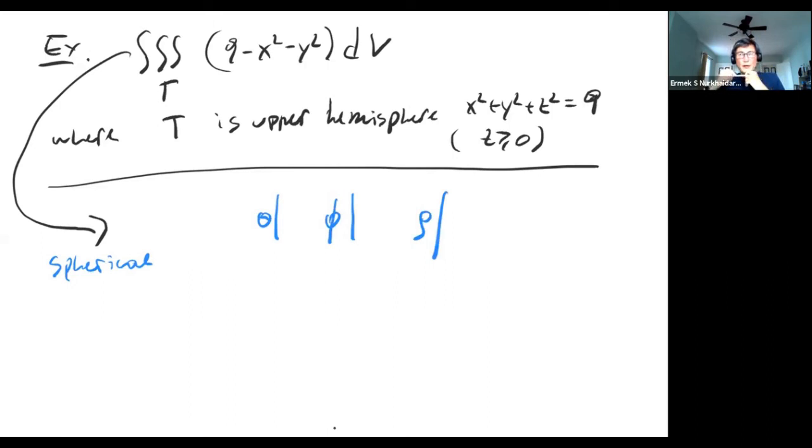If we're talking about the upper part of the sphere, what will be the limits? What are the limits for rho? You see from here, it implies rho squared equals 9. So rho is changing from 0 to 3.